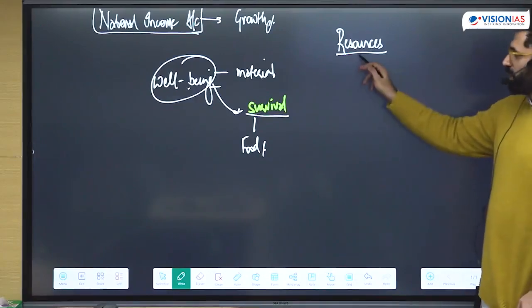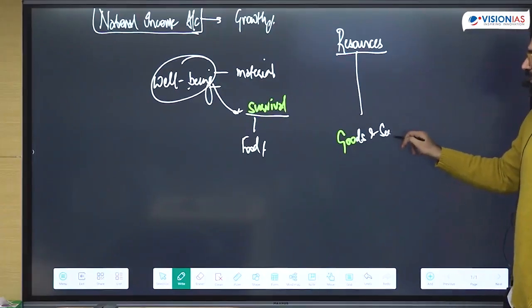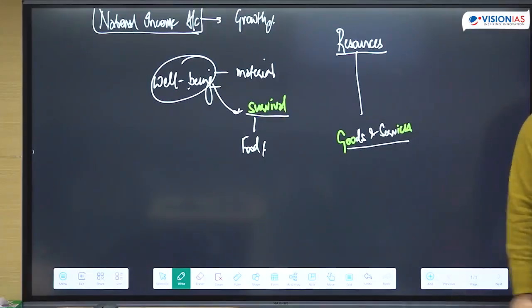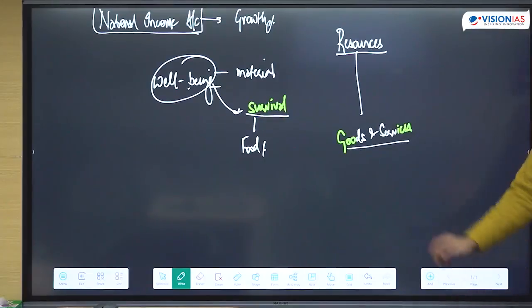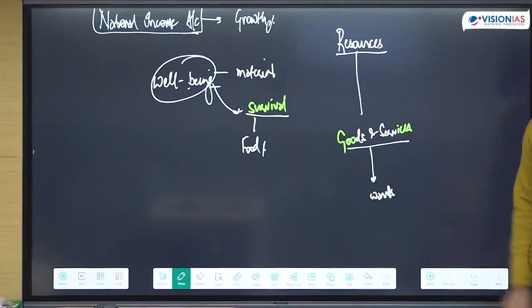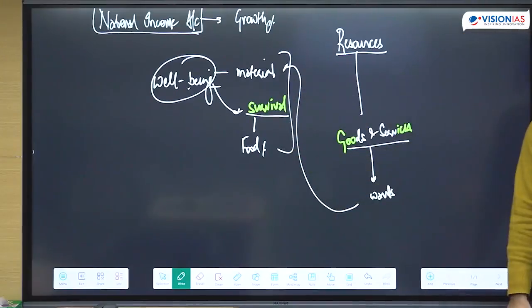Well-being is being ensured when the resources are being converted into certain goods and services. This process of conversion is what is the subject matter of economics, because goods and services are meant to satisfy the wants. Want is what is my this material well-being or survival is a want.